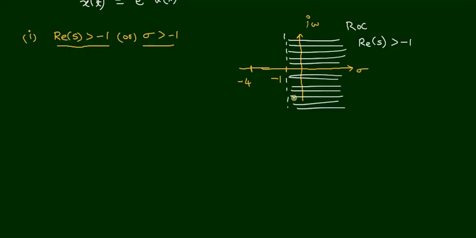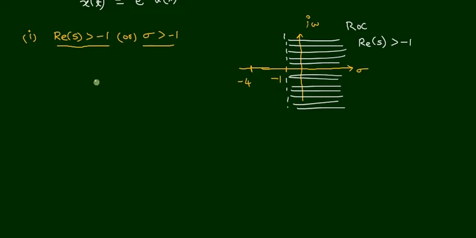Okay. So now we can observe from this ROC plot the two poles, minus 4 and minus 1. For the two poles the ROC is on the right side. When for any pole the ROC is right side, then we can write the inverse Laplace transform as it is.